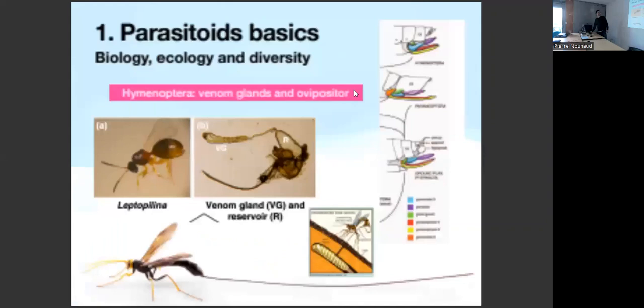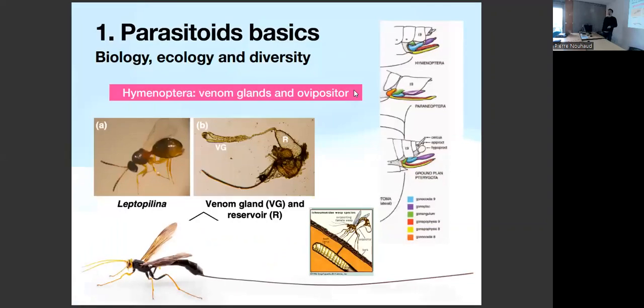In this. So one thing that's really interesting about parasitoids is that in the case of hymenopterans, which are the great majority of the parasitoids, they have these venom glands, which is part of their reproductive system, and these ovipositors that are, as you can see, really close to the ground plane of the holometabolous insects.